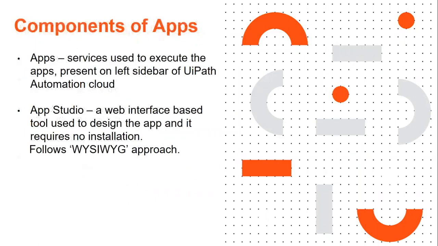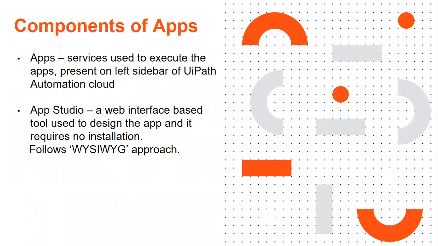Moving further, there are mainly two components of apps. The first is Apps and the other is App Studio. Apps is a service which is used to execute apps. When you go to cloud.uipath.com, on the left sidebar of UiPath Automation Cloud, you will see an option for UiPath Apps. In case you do not see it, we can go to the admin console and enable the service.